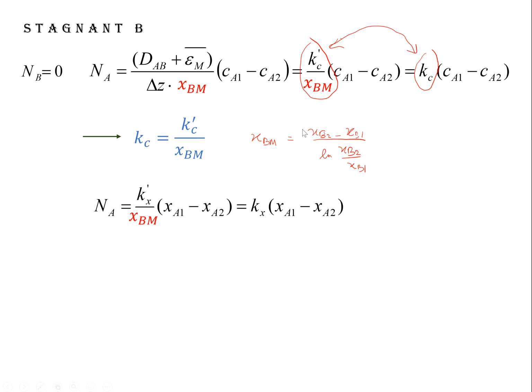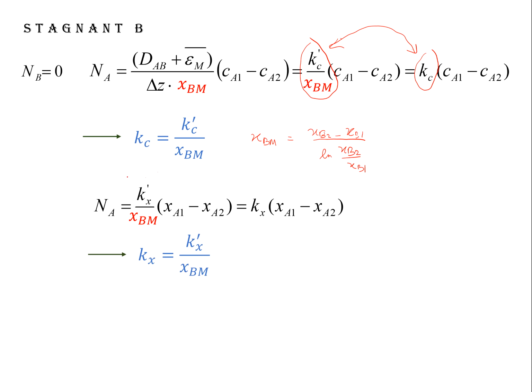Next is, what if we express our molar flux in terms of mole fraction? Then this is the relationship between the coefficient of mole fraction in EMCD as well as in stagnant B. Okay, because you know for stagnant B you don't have the prime sign over here.